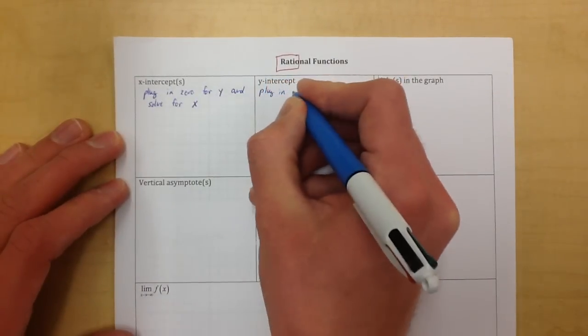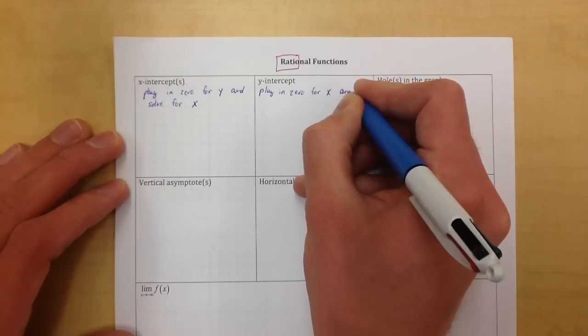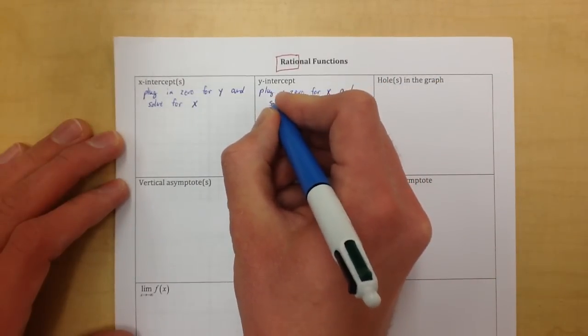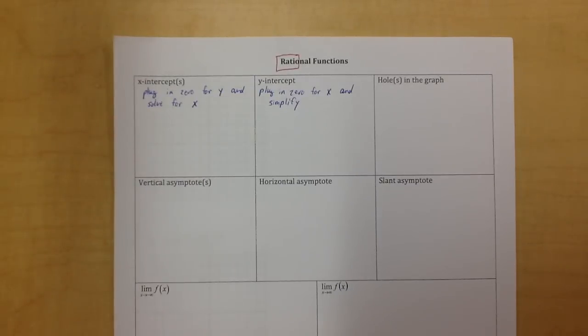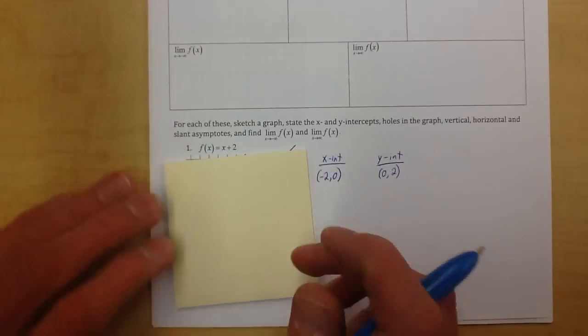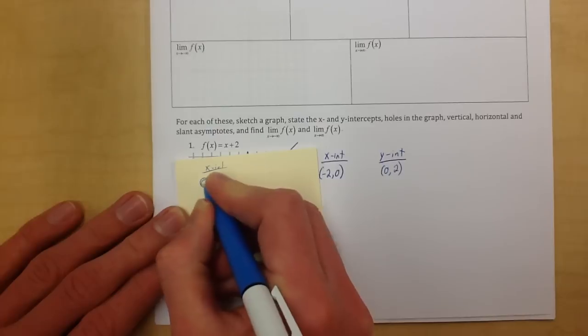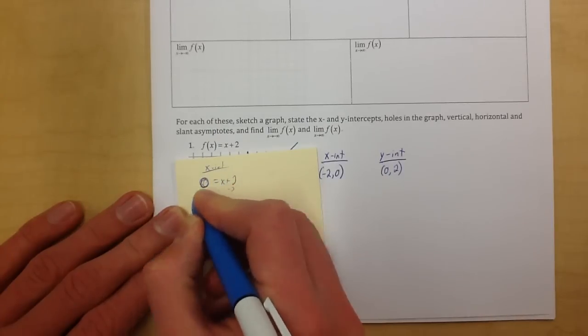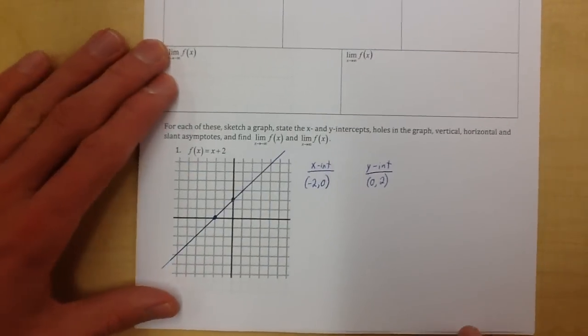Plug in 0 for x, and I'm going to say simplify in this case, because most of the time you won't have to solve, because you'll have y on one side already by itself. So in a situation like this, and you don't have to write this down, if I wanted to know the x-intercept, then y is 0. This is y, so 0 equals x plus 2, and I would subtract 2, and so that's where that -2 came from. Okay? All right, let's move on.